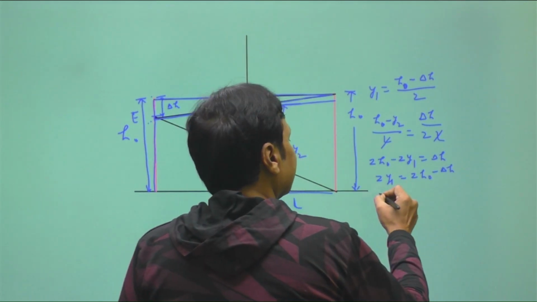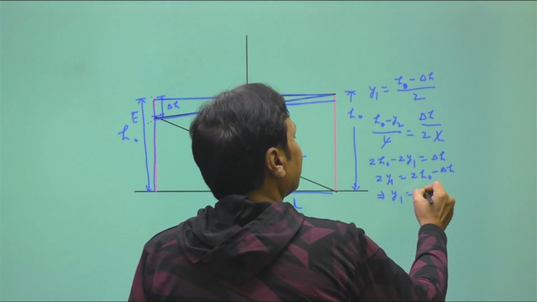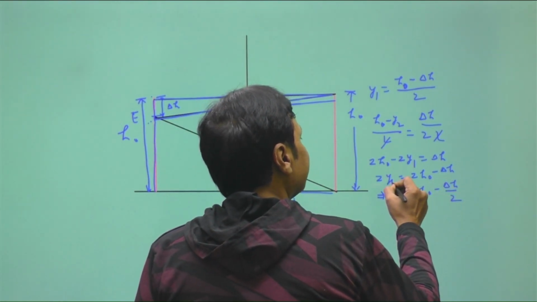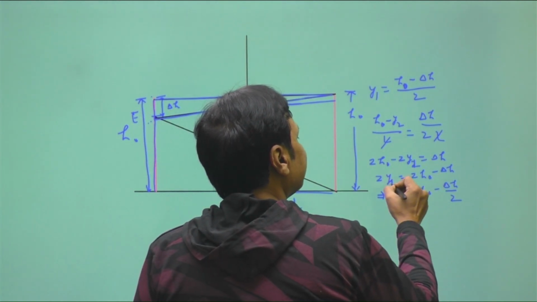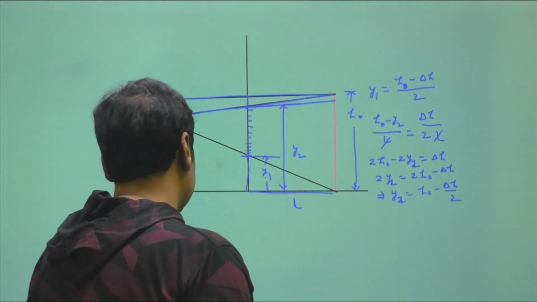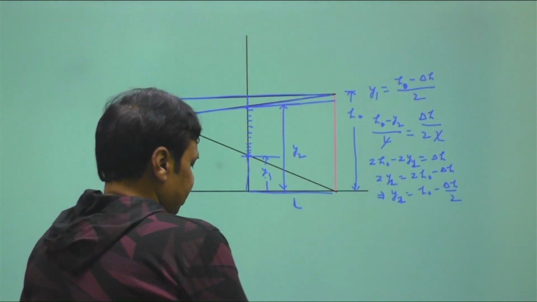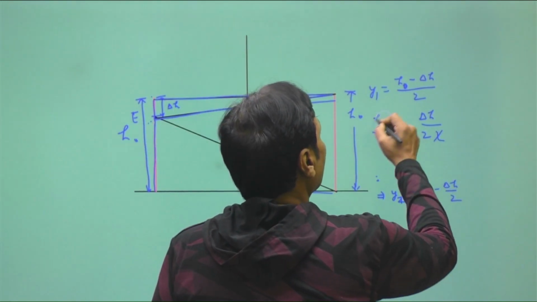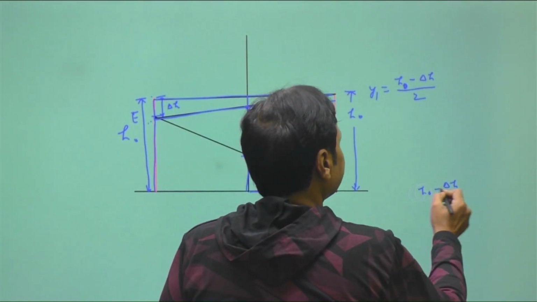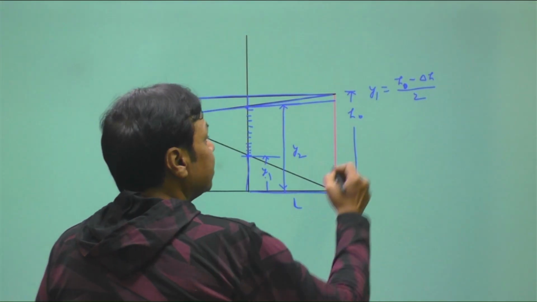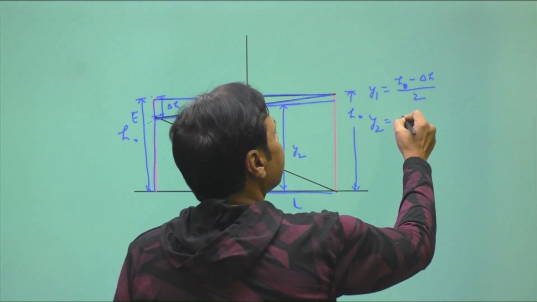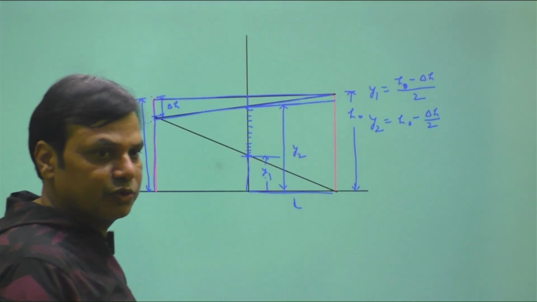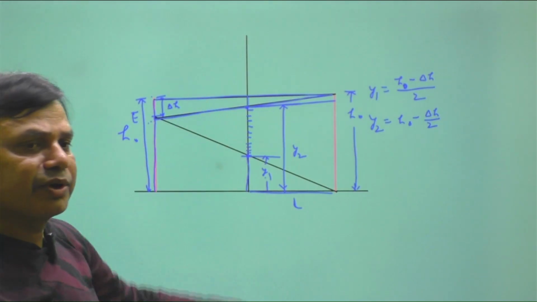Here 2y2 equals 2h0 minus delta h, and that means y2 equals h0 minus delta h by 2. So I made a series of mistakes, but I got the length y2 equals h0 minus delta h upon 2.